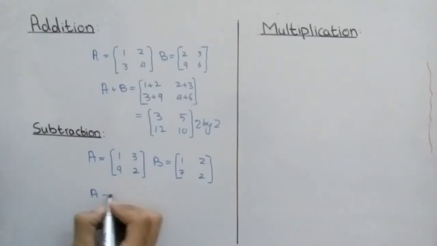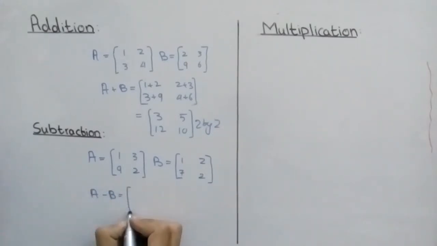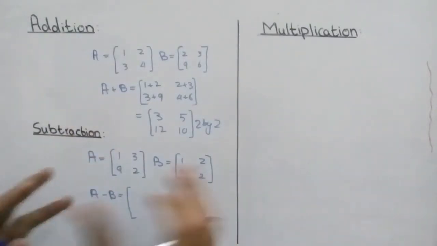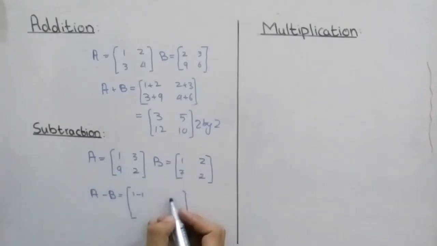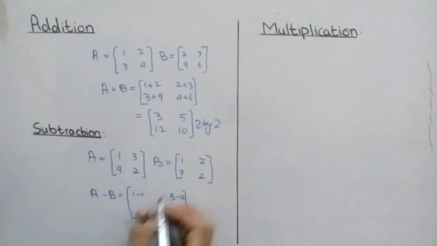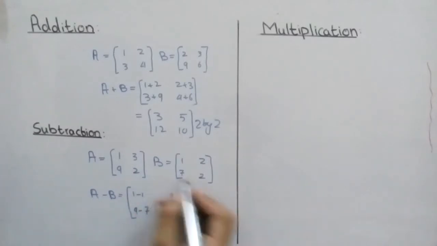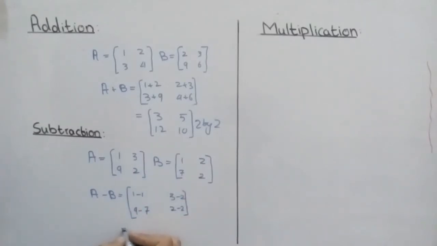Now A minus B will be equal to a matrix where the corresponding values are subtracted from each other: 1 minus 1, 3 minus 2, 9 minus 7 and 2 minus 2. 1 minus 1 is equal to 0, 3 minus 2 is equal to 1, 2 minus 2 is equal to 0, and 9 minus 7 is equal to 2.